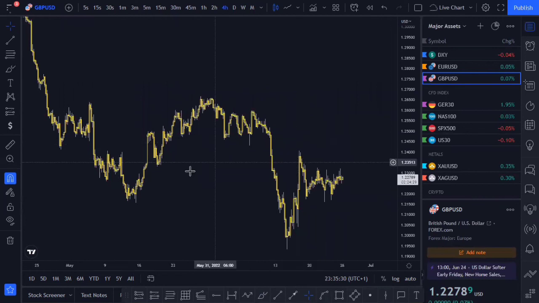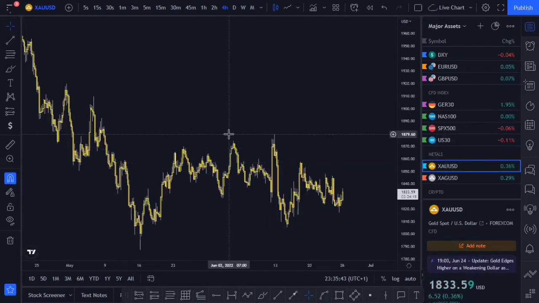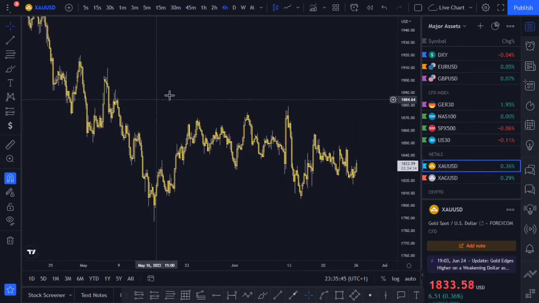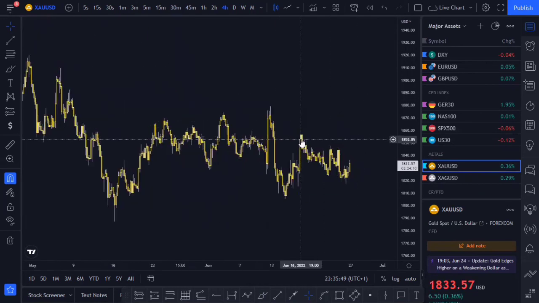Price action here is the same as that of last week, price has really been ranging around. I didn't really trade this pair last week. Same thing, price hasn't really moved much.